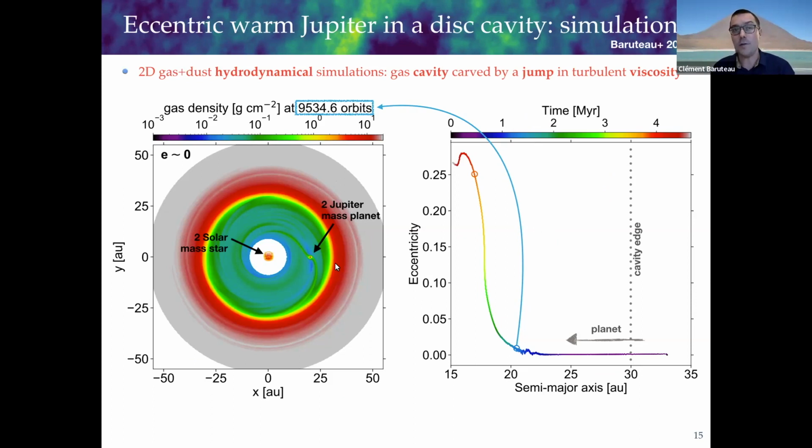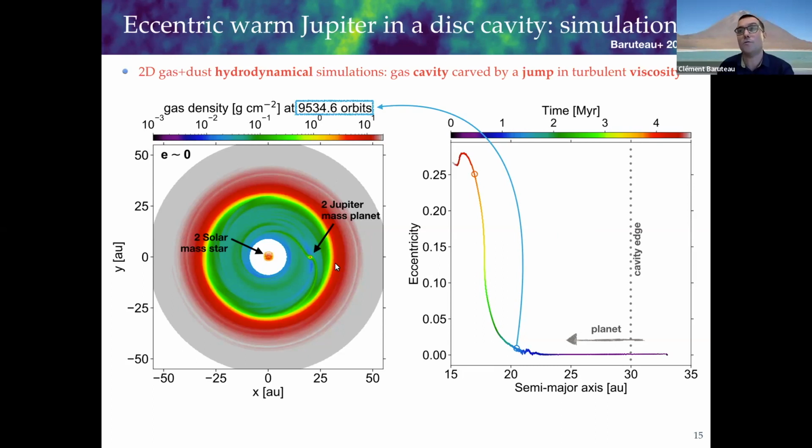Here we model the cavity in the gas via a radial profile for the disk turbulent viscosity, so the so-called alpha turbulent viscosity, which aims at modeling the turbulent radial transport of angular momentum in the disk, if we think that this is the main channel, the main route for the evolution of a disk gas.